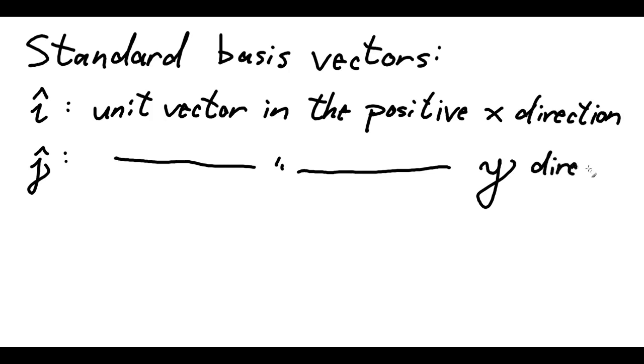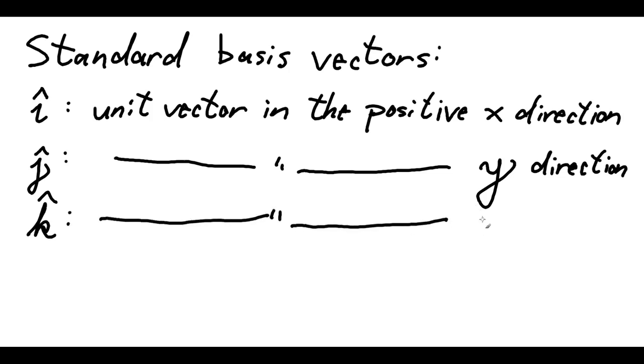So i points in the positive x direction, j points in the positive y direction. If we're working in 3 dimensions, most of the drawings and examples we've talked about so far have been 2-dimensional, because that's easiest to put on a page or a screen. But we could be working in a 3-dimensional space, and if that's the case, then k would be the unit vector in the positive z direction.